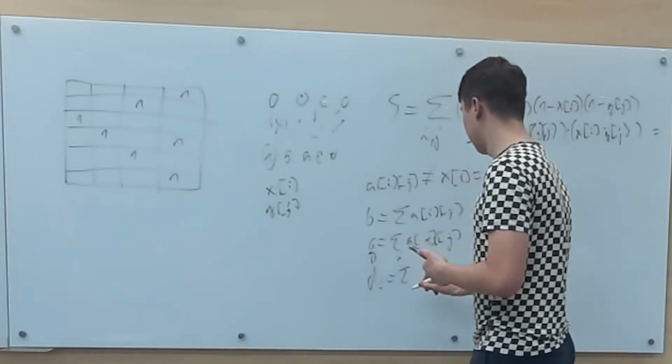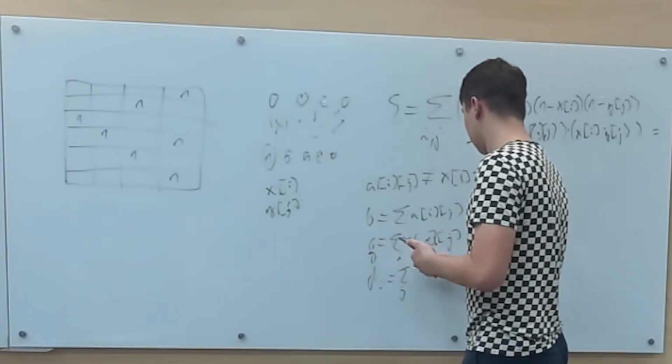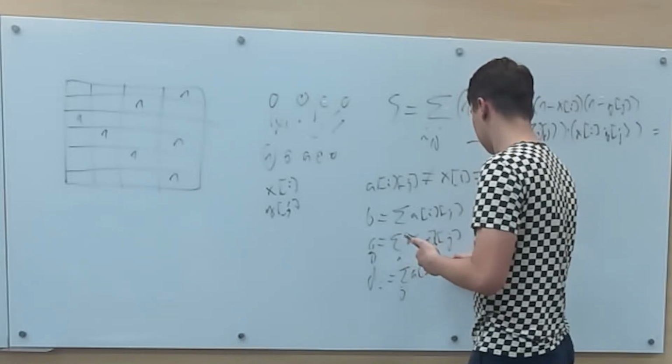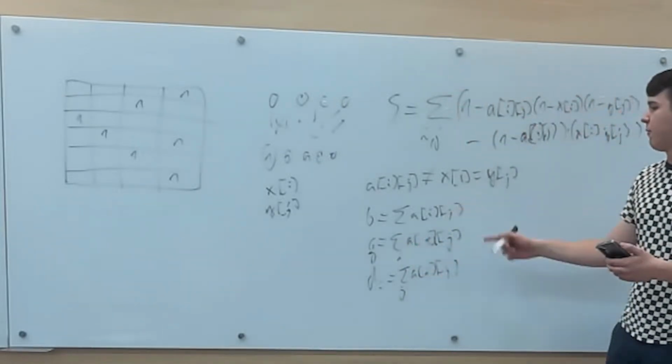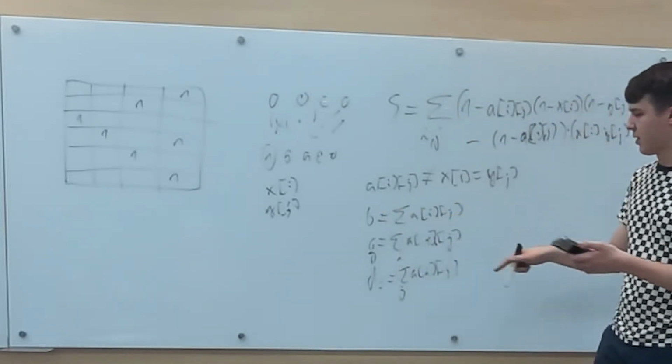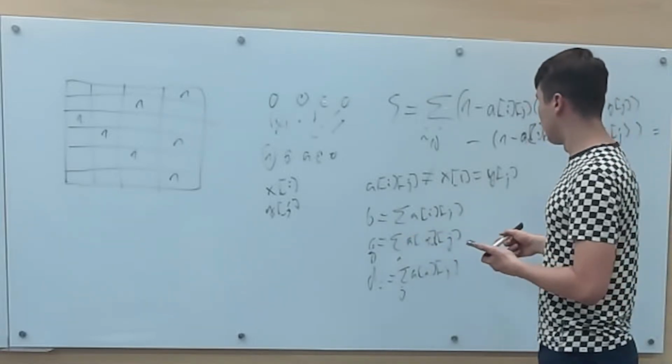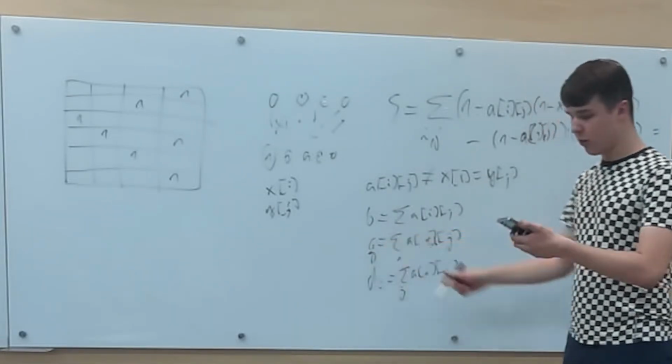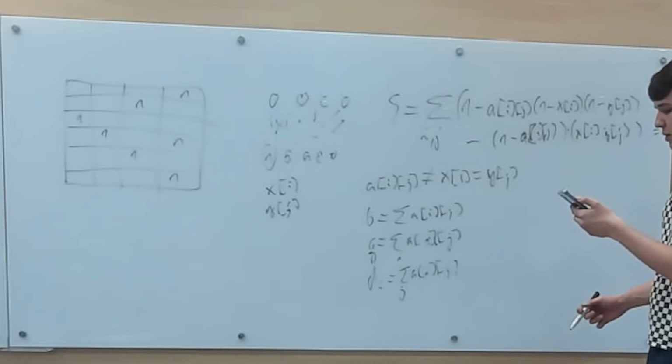This sum goes over i, and this over j. We just define the sum of everything, the sums of columns, the sum of chosen rows, and the sum of chosen columns.